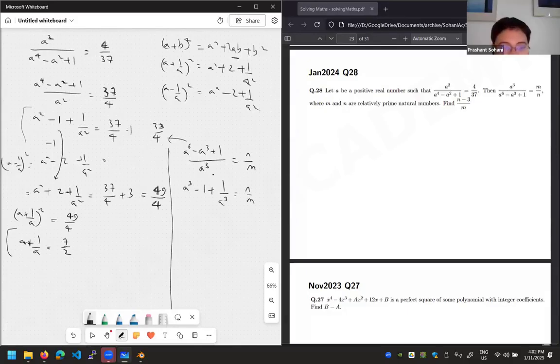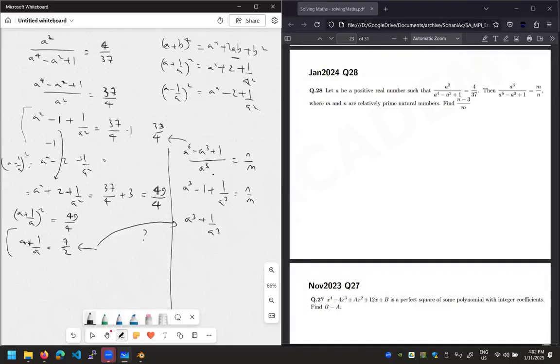Okay, so I'm interested in finding this a cube. So the minus 1 is not important, but I need to find a cube plus 1 over a cube. And what I right now have is a plus 1 over a. So how do I go from here to here? So any suggestions? What can I apply here?